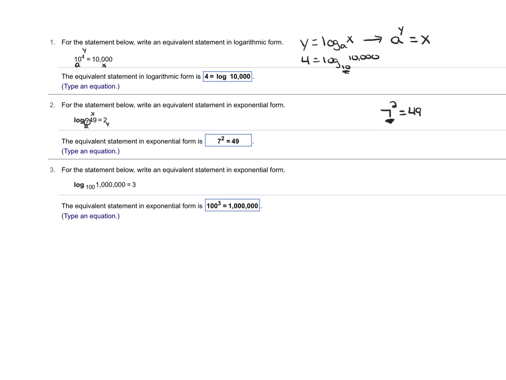And for number 3, it's 100 as the base to the third power equals 1,000,000.